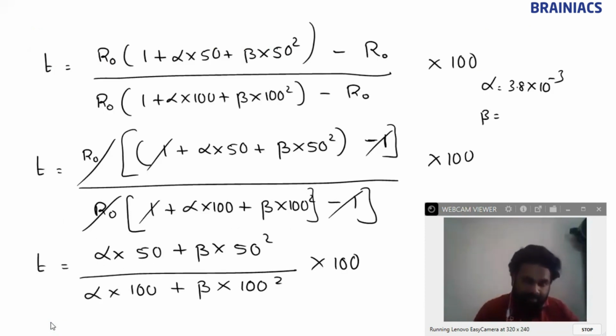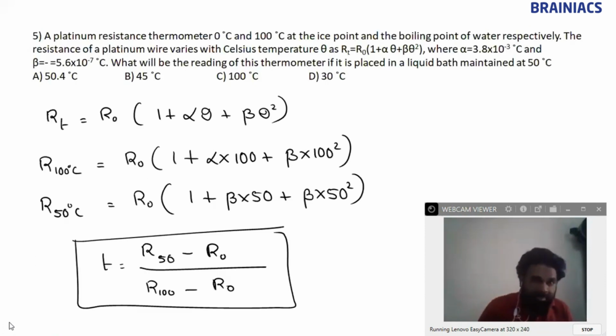That is actually minus, there is a negative missing here. So this is correct. Minus 5.6 into 10 raised to minus 7. So beta is equal to minus 5.6 into 10 raised to minus 7.